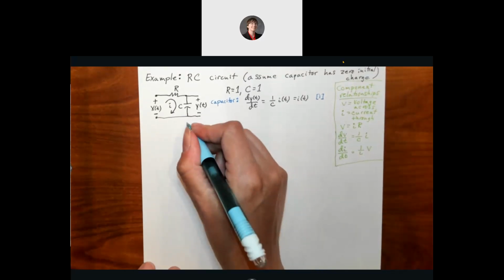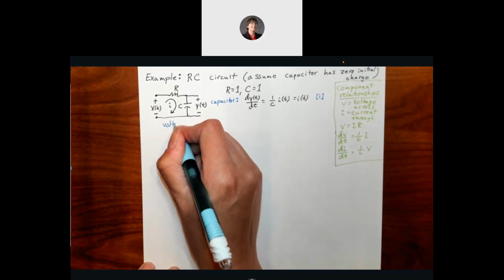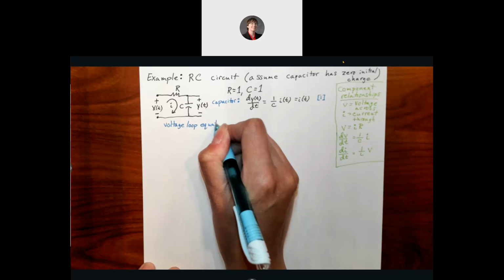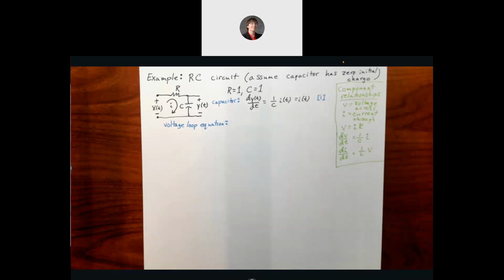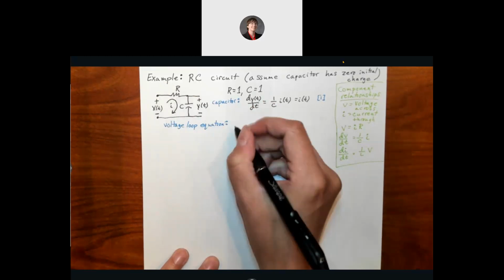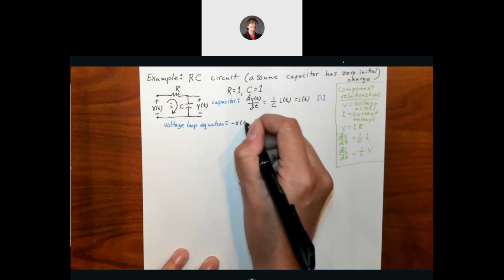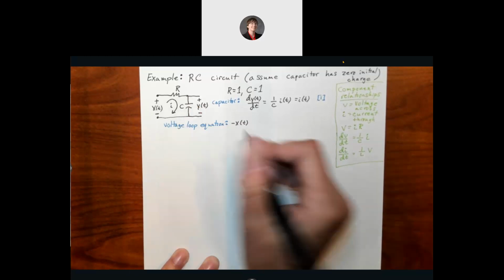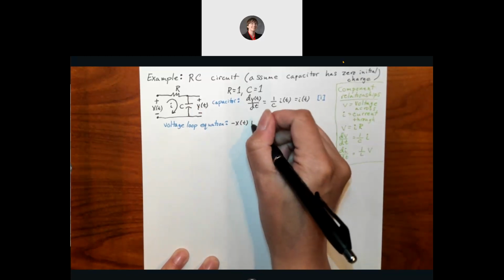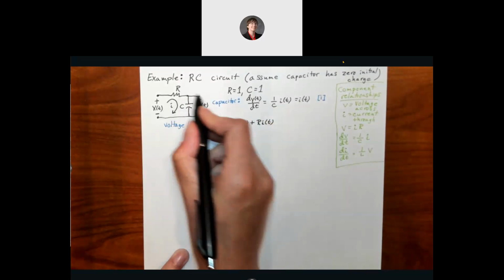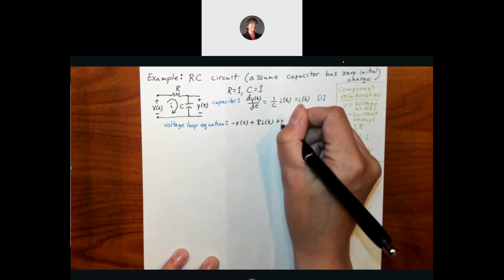And then I'm also going to do a voltage loop equation. Going around the loop, we have minus x of t, plus the voltage across the resistor, which is I times R, plus the voltage across the capacitor.